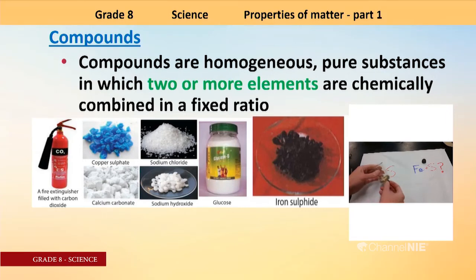See, the mixture of iron and sulfur, and here the compound, you can see the difference. Now, there is no magnetic property in the compound. So, it is a completely different compound. So, that is how you learn compounds in this lesson.